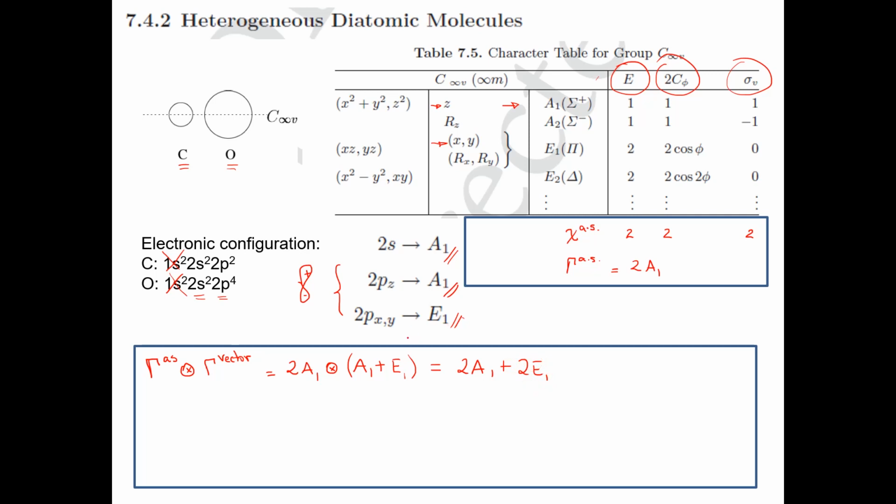So we have a total of 6 p orbitals, right? 3 p orbitals from the oxygen and 3 p orbitals from the carbon.